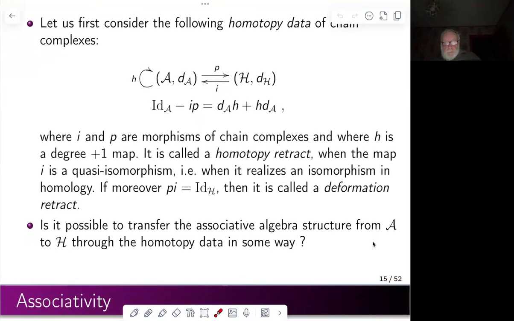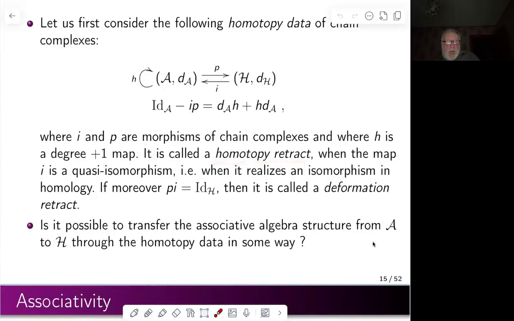So we have the following observation. Of course, if these maps P and I are morphisms of chain complexes, with the homotopy map h of degree 1, and if I gives a quasi-isomorphism of these complexes, then this diagram gives you a homotopy retraction.